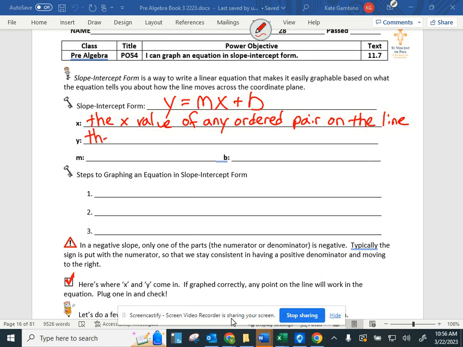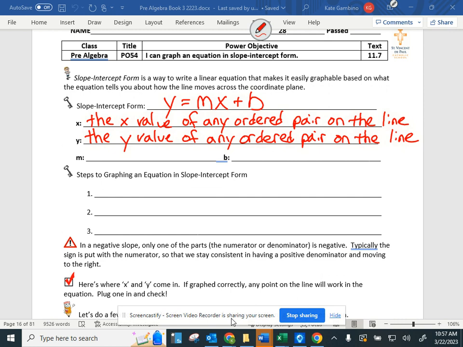The y value of any ordered pair on the line. So the x and the y, easy to figure out, right? We've been using x and y. X-intercept, y-intercept, our ordered pairs with the x and the y. We know those. Now we have our two new variables.